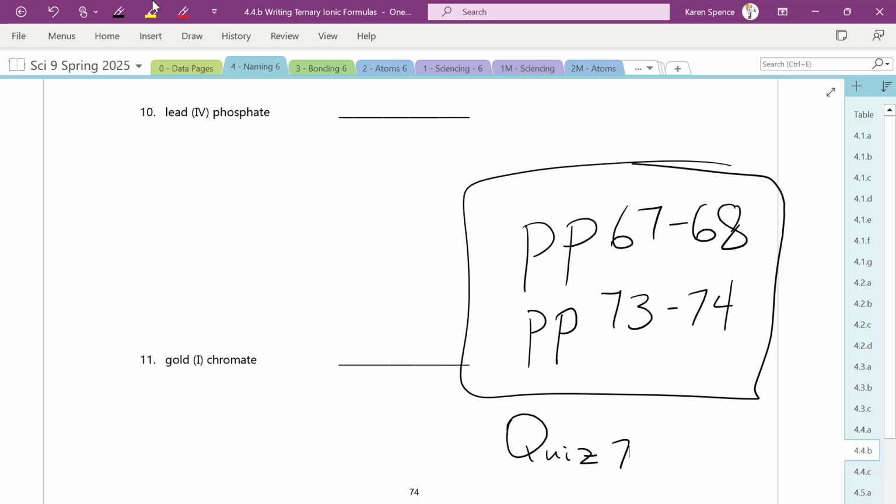Phosphide, oxide, sodium nitrite. Fluoride, silver sulfide, calcium iodide, calcium phosphate.